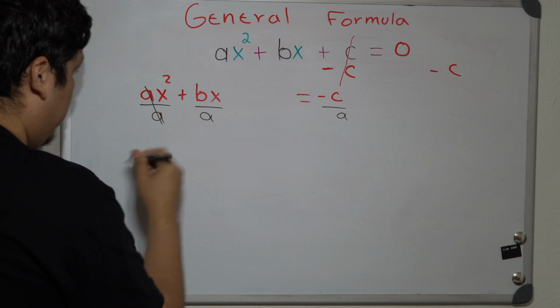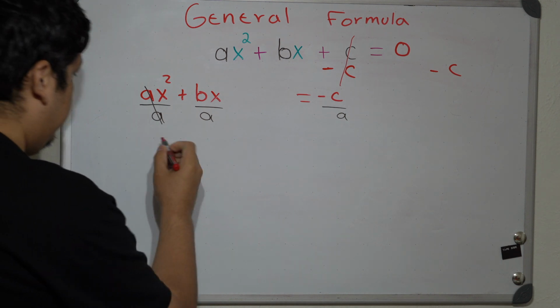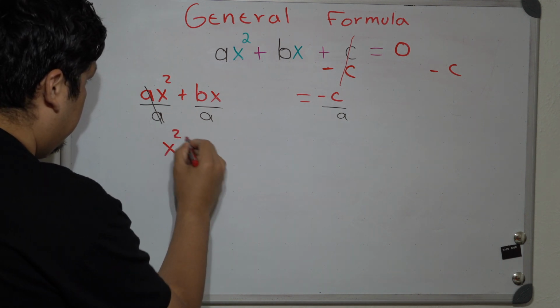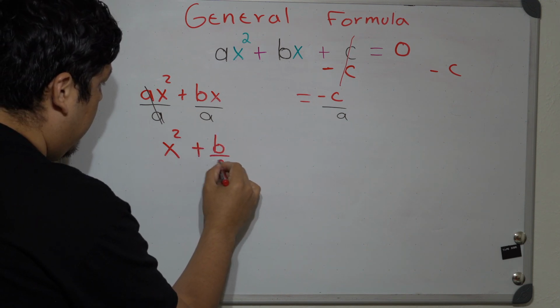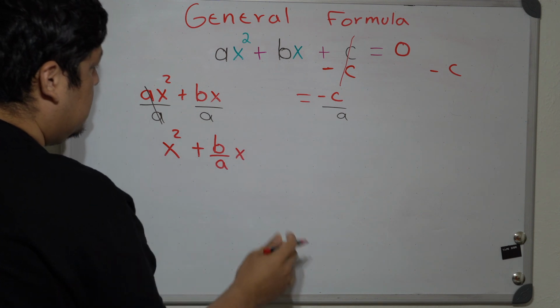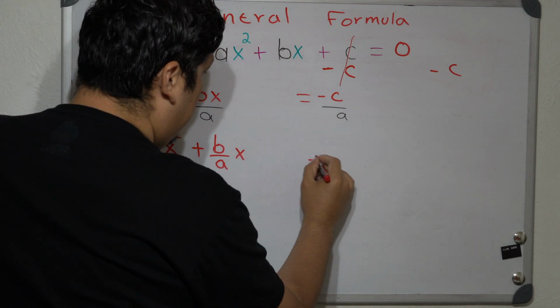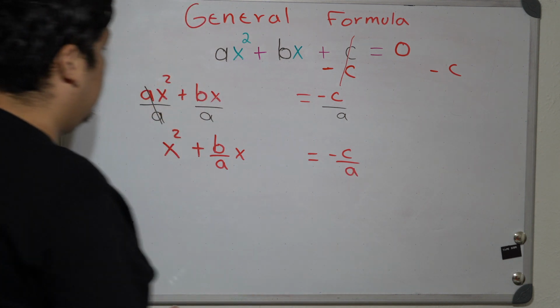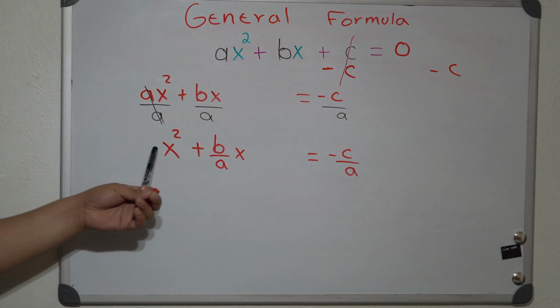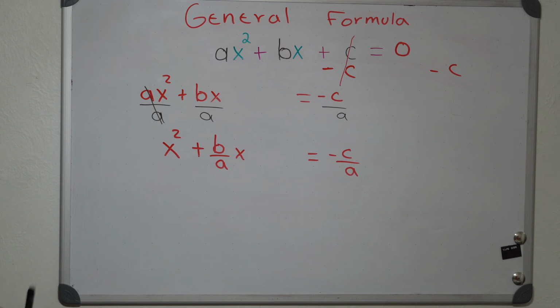So I'm left with x squared plus b over a x, equal to negative c over a. As you can see, our leading coefficient now is a 1.